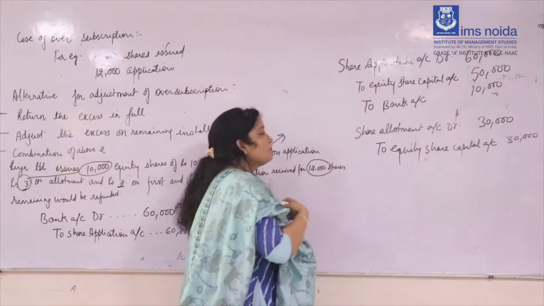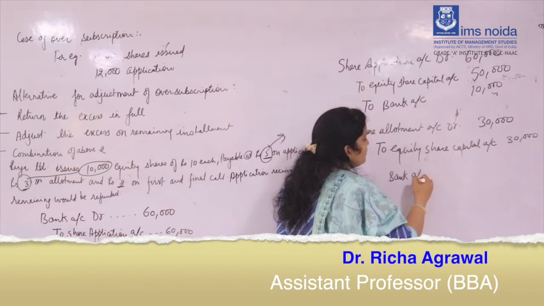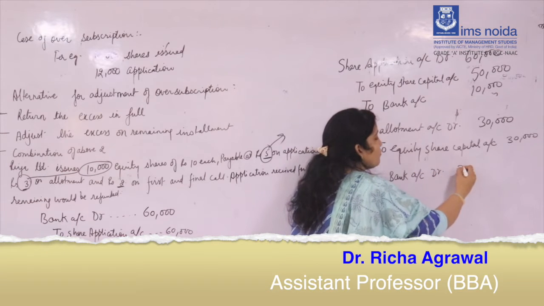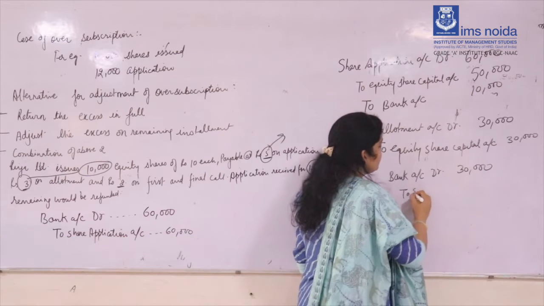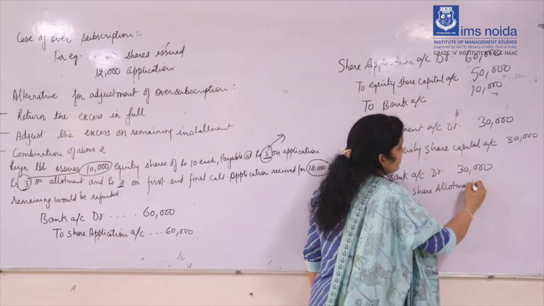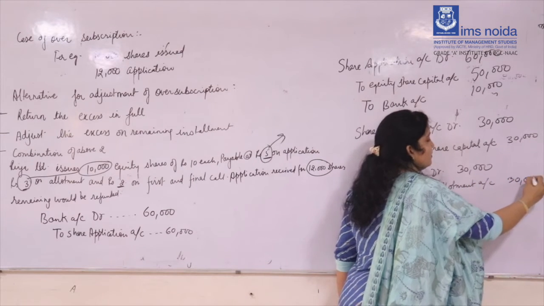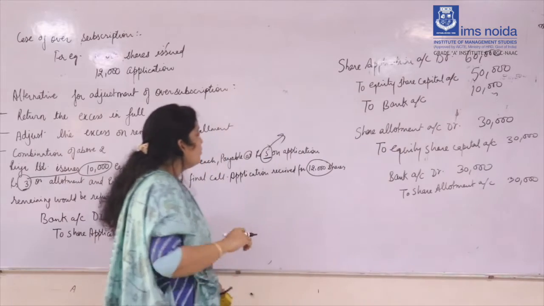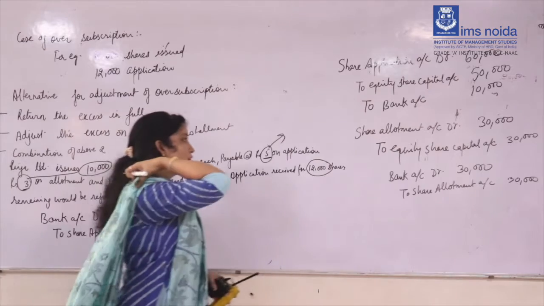Now this money will come into the bank, so bank account debit for 30,000 to share allotment account, again 30,000.